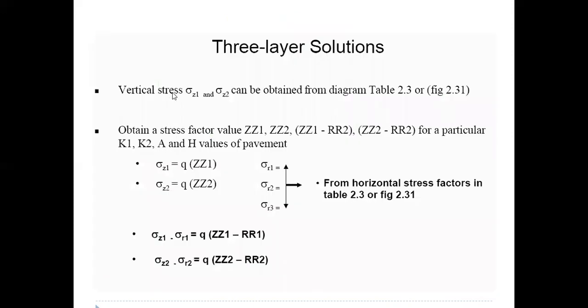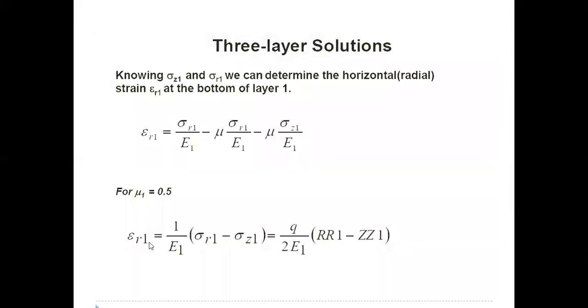Once you know the values from your chart, you plug in these values and use this relation to calculate stresses in Z1, Z2, radial stresses, and then the strain as you decide.